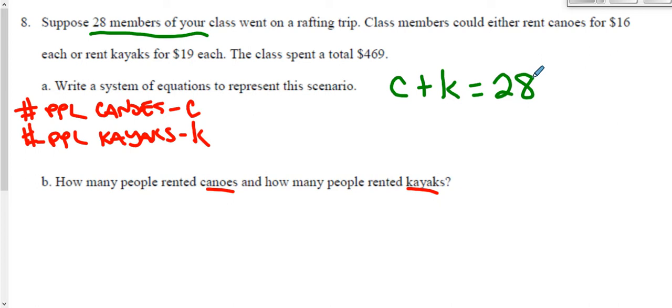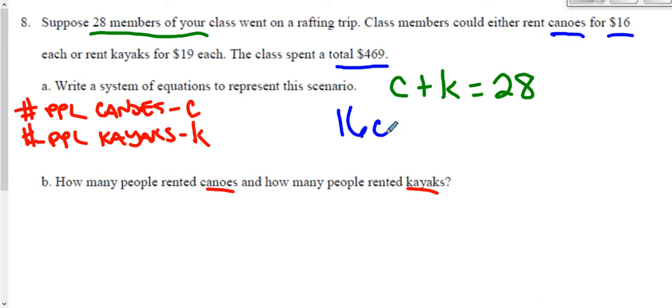Now this word problem is not just about the number of people, it's also about the money that we are spending. So I'm not just looking for the total members, I'm looking for the total money. So let's write an equation about money. We have to relate each variable, canoes and kayaks, to money. I can rent a canoe for $16, so $16 per canoe.